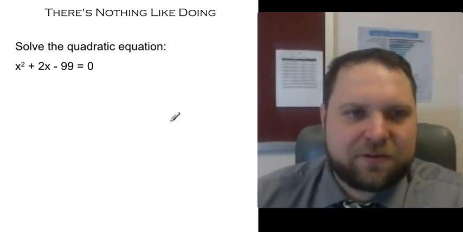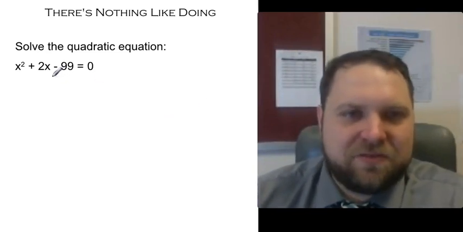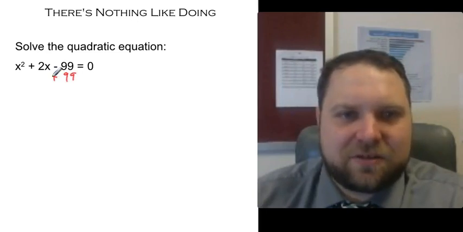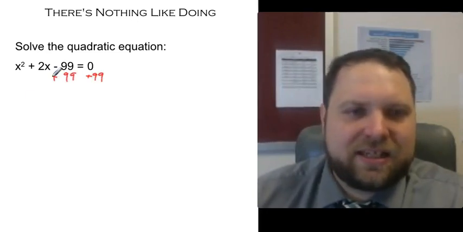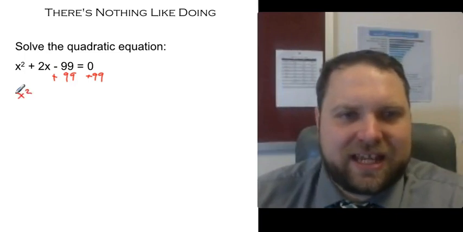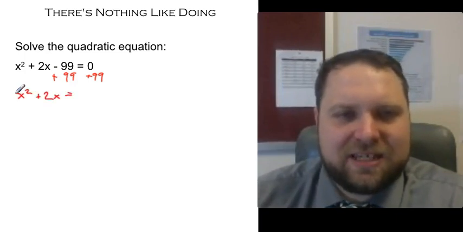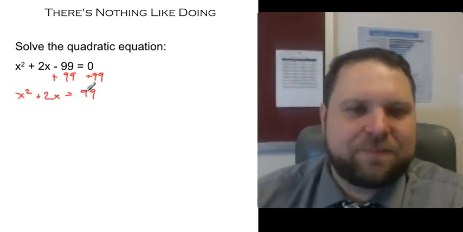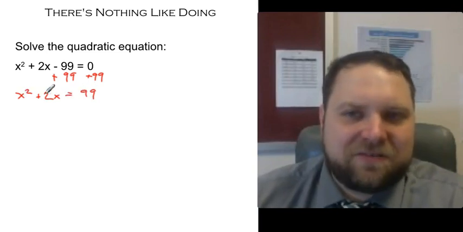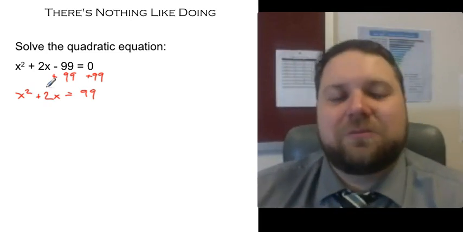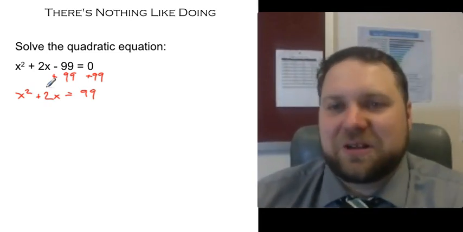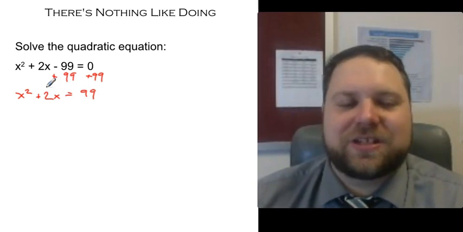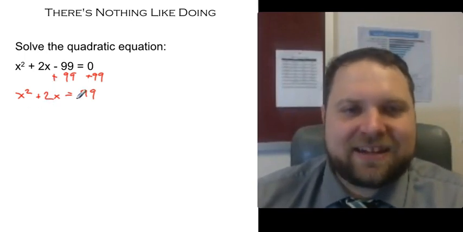So the first thing I'm going to do is I'm going to move c to the other side of the equation so that it is out of the way. So I get x squared plus 2x equals 99. Now I want to divide by a in order to get a equal to 1, but hey, a is already equal to 1, so I don't even have to worry about that step. Dividing by 1 is not going to change anything, so I can just leave that alone.